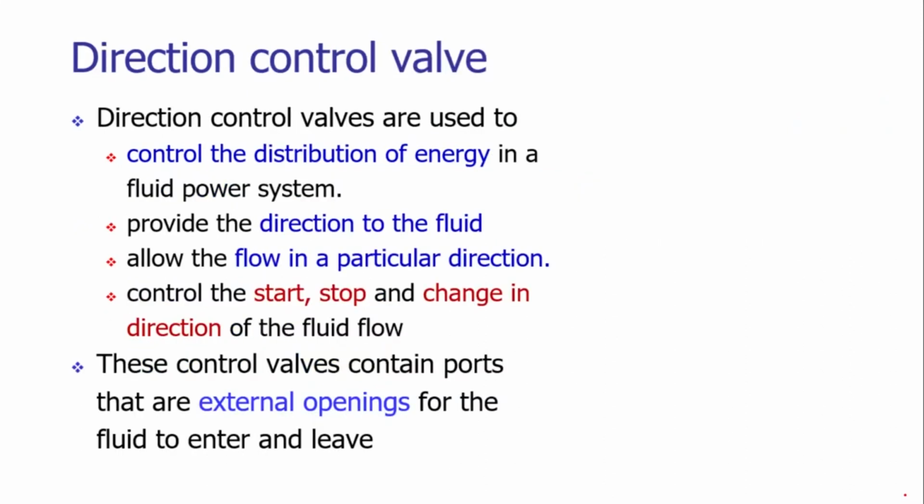The directional control valves are basically used to control the distribution of energy inside a fluid power system. So to understand the requirement of a typical hydraulic system, let us take an example. We are having a tank. The hydraulic fluid is there in the tank.